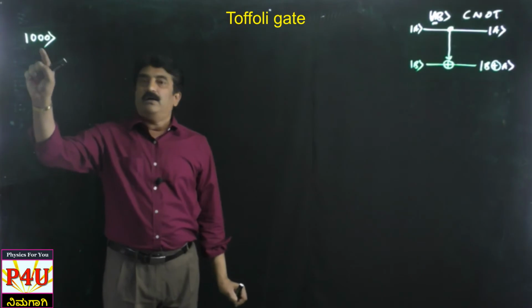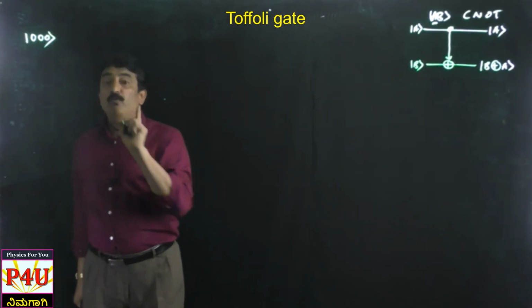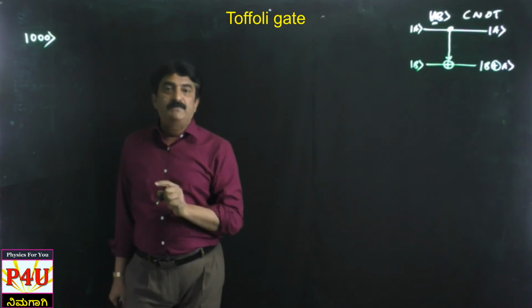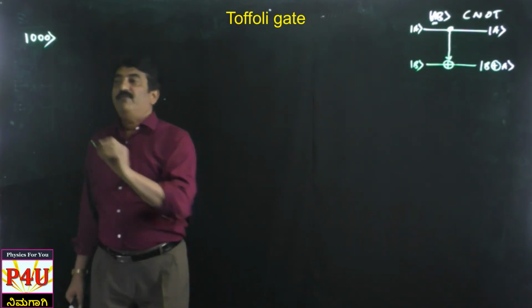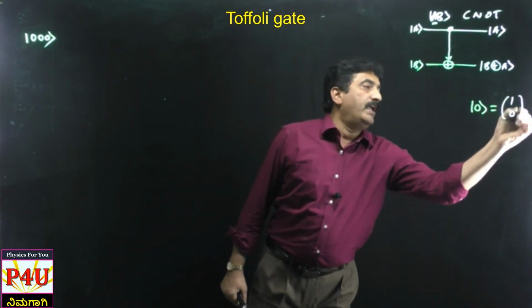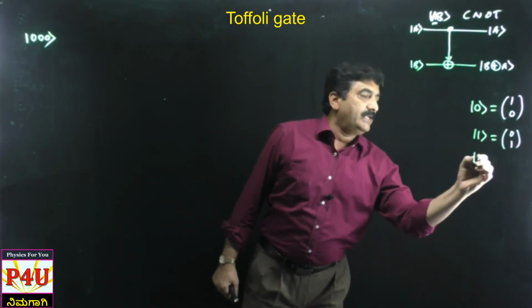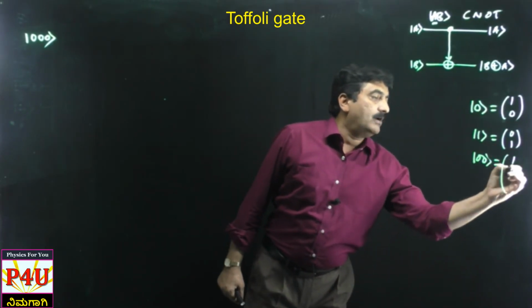What is the matrix form of 001? I write it here. How many elements should be there in the vector space? Yes, there must be 8. See, for ket 0 or ket 1 we have only 2 elements. Like that, for ket 00 we have 4 elements.